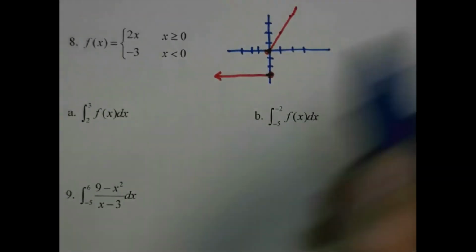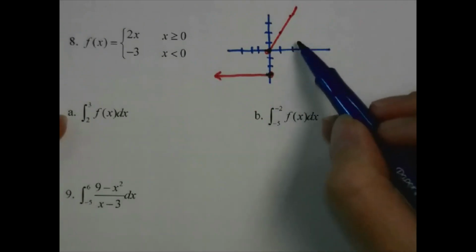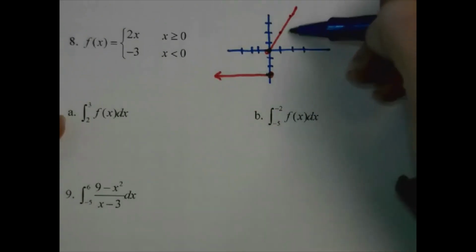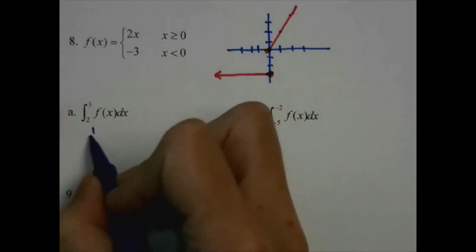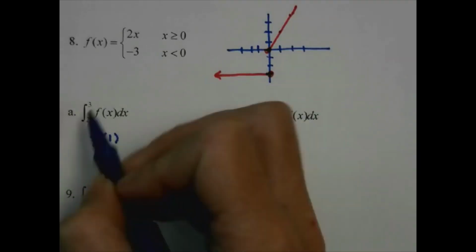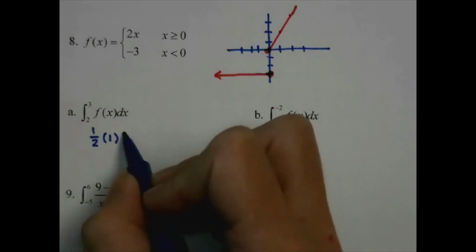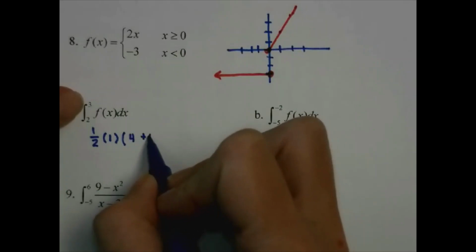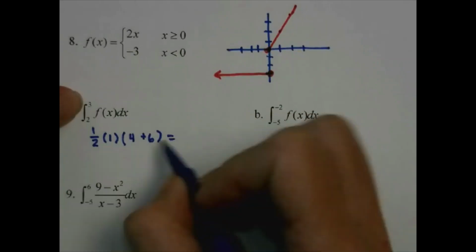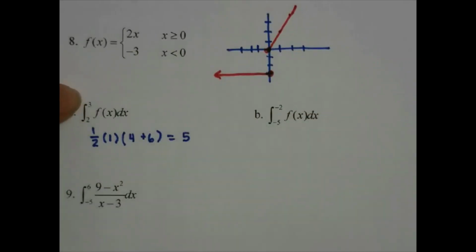So the integral from 2 to 3, so here's 2, here's 3, that's going to be a trapezoid. So that's going to be 1/2 the width of the trapezoid, the distance between 2 and 3 is 1. And then if I plug in 2, we get 4. If we plug in 3, we get 6. So this is half of 10, which is 5.